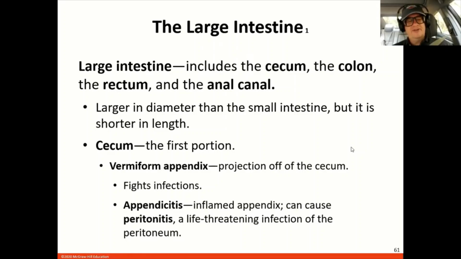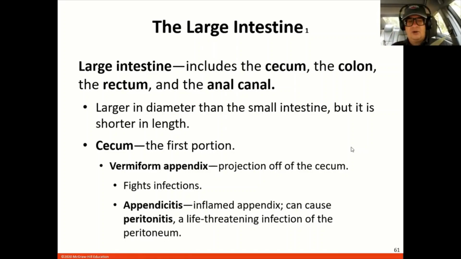Vermiform appendix. Vermiform is a German word, which is in the form of the worm. Yeah, it literally means worm shaped or form of the worm appendix. Because in us, this cecum is this little tiny thing.